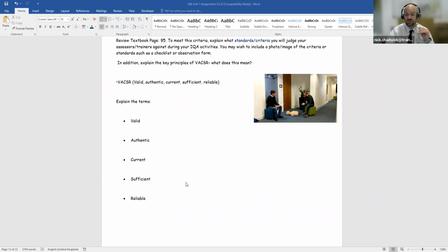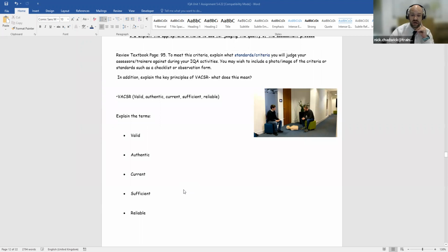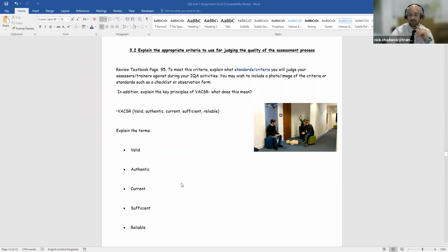You can, of course, use the same information here because you will use this key term within your observation of your assessors and trainers. So to answer this question, please provide us with some information on what criteria or standards you are going to be judging your assessors or trainers on as an IQA, but also recap those key terms of VACSR.